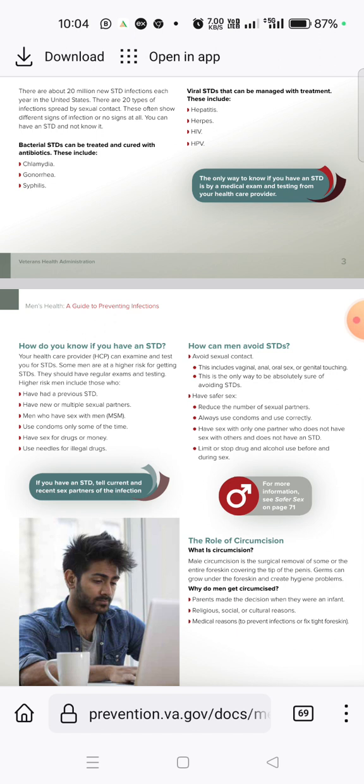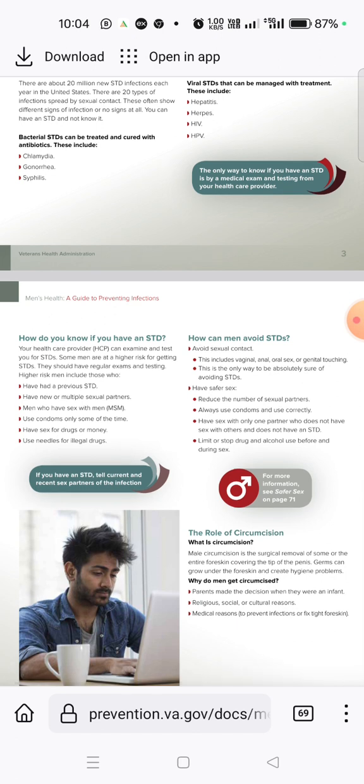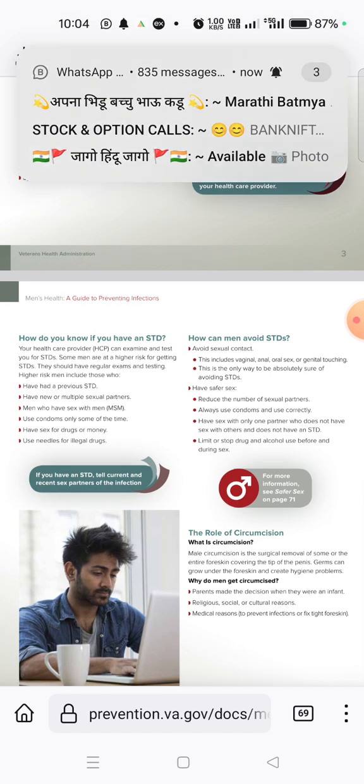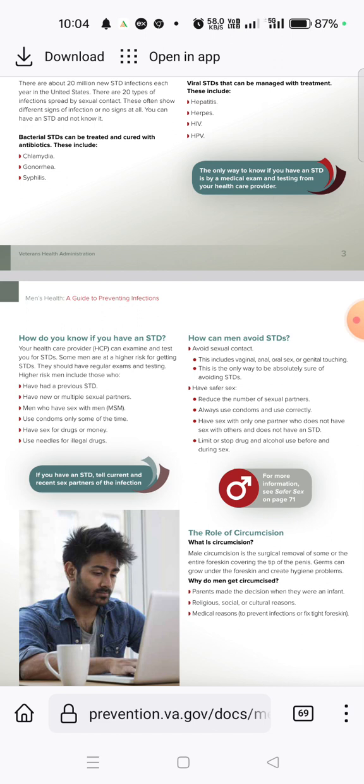By the way, we should regularly go to the physician and get tested for STDs. Those persons I listed should take the treatments.